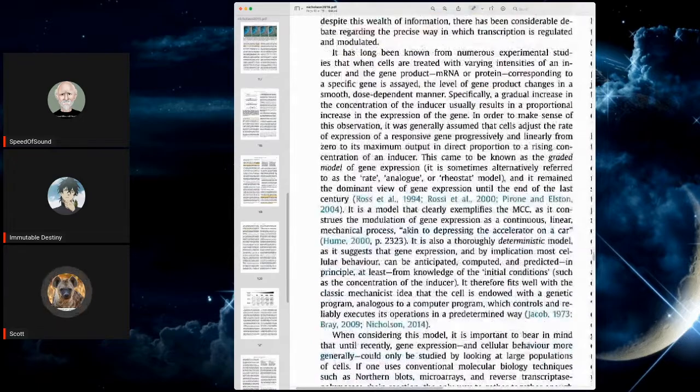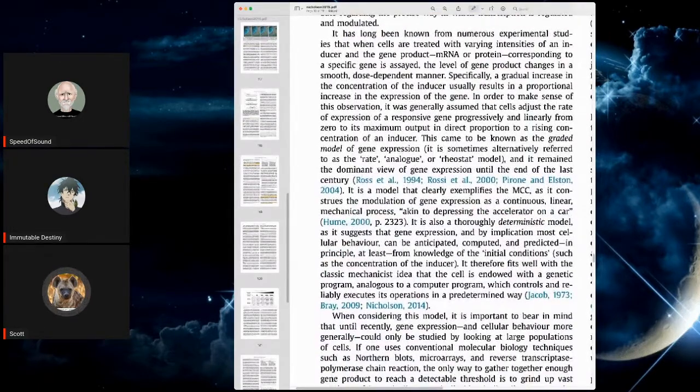It has long been known from numerous experimental studies that when cells are treated with varying intensities of an inducer and the gene product, mRNA or protein, corresponding to a specific gene is assayed, the level of gene product changes in a smooth, dose-dependent manner. Specifically, a gradual increase in the concentration of the inducer usually results in a proportional increase in the expression of the gene.